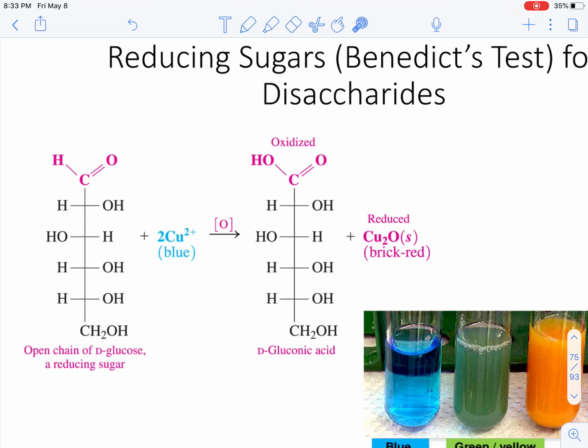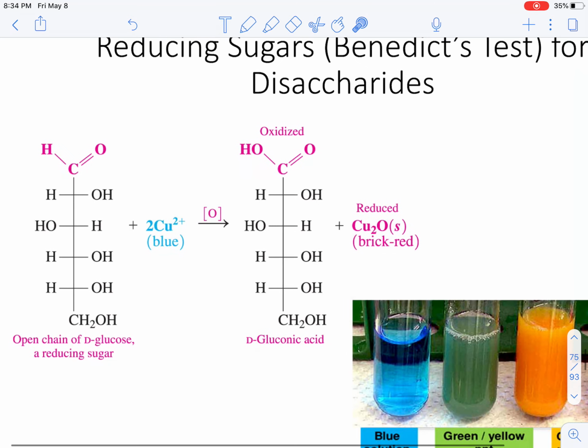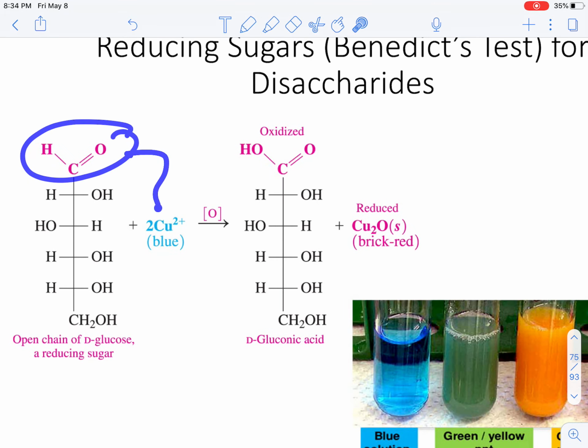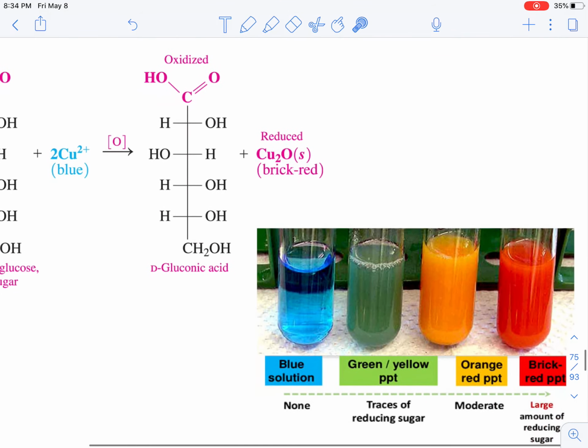However, if your Benedict's test goes from blue to brick red, then that means that there is present in your solution a reducing sugar, because this aldehyde somehow gives this copper 2 electrons to form this brick red substance.